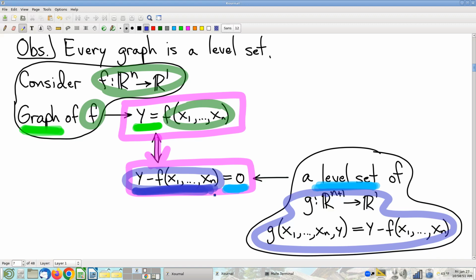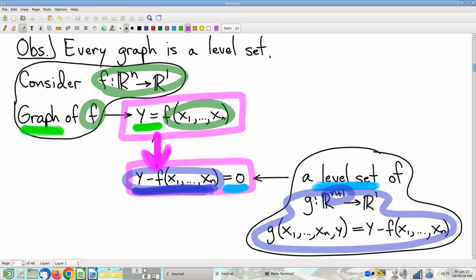This thing on the left that I'm setting equal to 0 has n plus 1 variables. It's got all of those x variables, x1 through xn, and y also part of that same set of input variables now. So, different function. So what's kind of nice about this then is, again, how easy the algebra is.